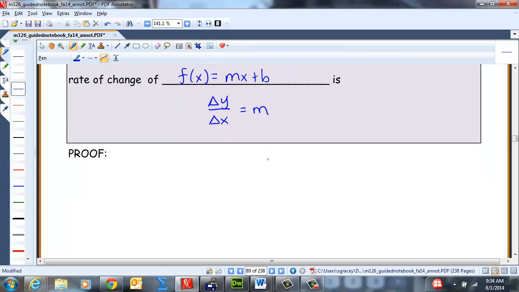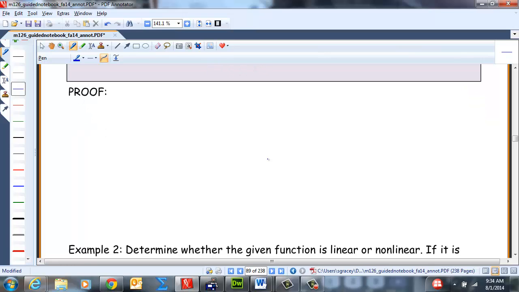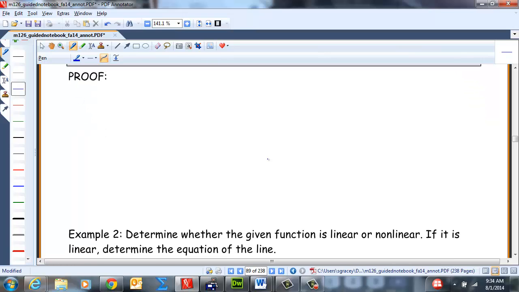So let's do a little proof about it. If we start out with the change in y over the change in x, instead of y2 minus y1, we'll do f(x2) minus f(x1) divided by x2 minus x1.